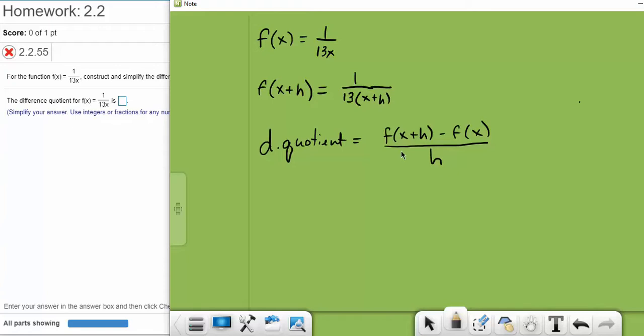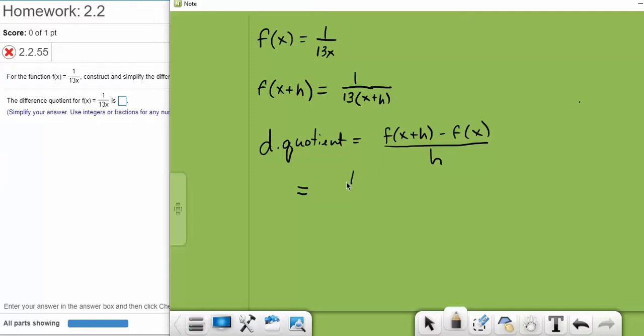And remember, this is a fancy way to write slope between 2 points on a graph, on a function. So if we have two different x values, x plus h and x, that's the slope between those. It's called the secant line between 2 points on the graph. All right, so enough of that. You'll learn more of it when you take calculus.